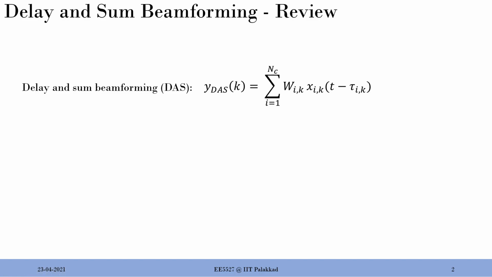But the major takeaway which we didn't emphasize in the previous lectures is that this weight w_ik for delay and sum beamforming depends just on geometry, right? We generally fix an f number, and f number is given by depth over aperture. So for a particular depth, which is the time multiplied by the speed, we choose an f number, and based on that we choose an aperture.